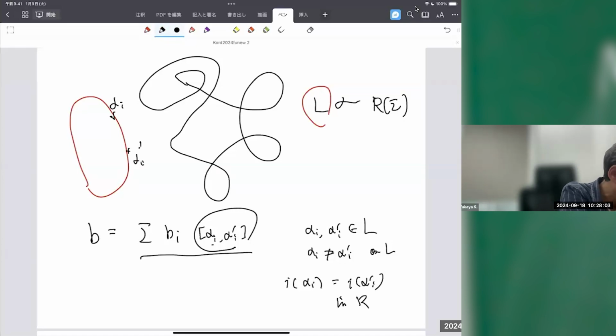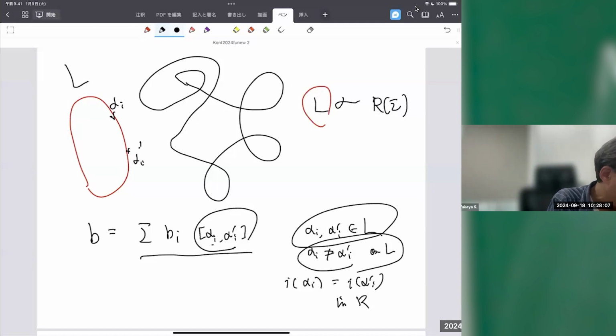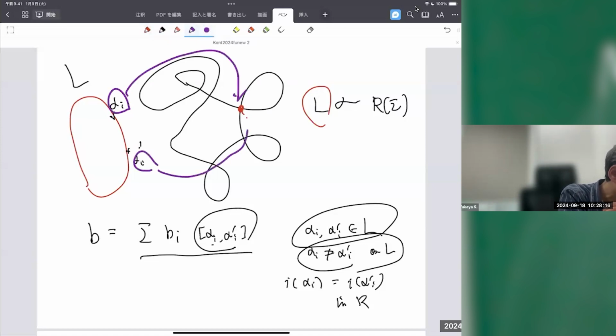They are elements of L which are different, but they go to the same point here. So basically, this is the set of all self-intersection points.